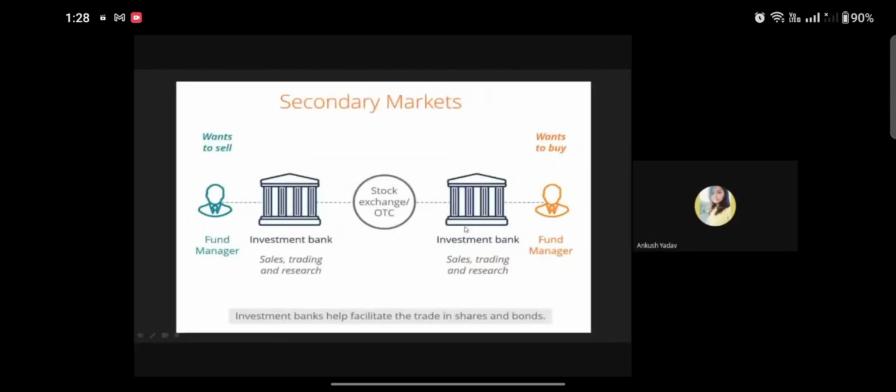Then there are secondary markets. So for example, there's a fund manager of a corporation who wants to sell their stocks, and on the other hand, we have the fund manager of the buy side who wants to buy the stock for the clients.